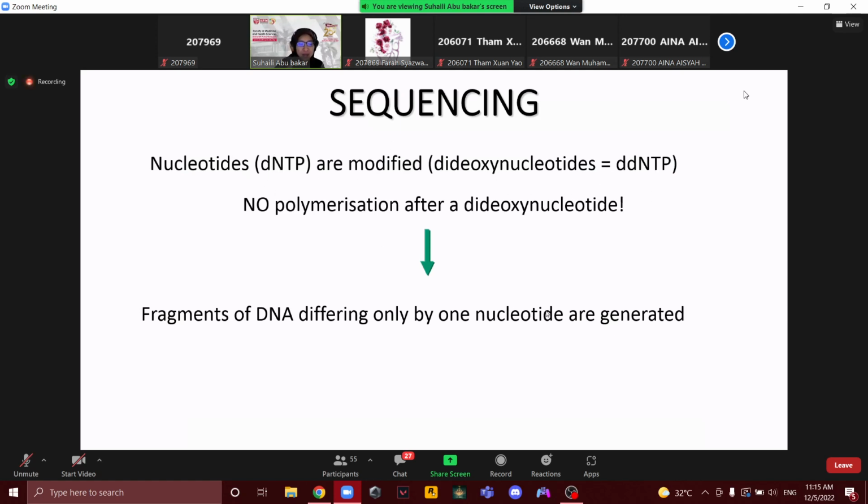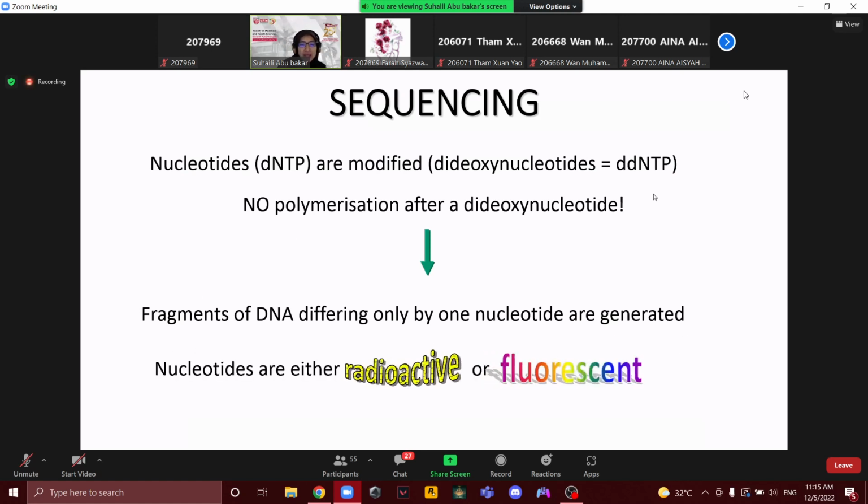In the PCR, you add up the NTP, kan? Am I correct? We add a new one, complementing the template, in every single nucleotide. In sequencing, no, we want to read. Then if you want to read, you cannot allow polymerization to happen. So once this binds, it will stop.